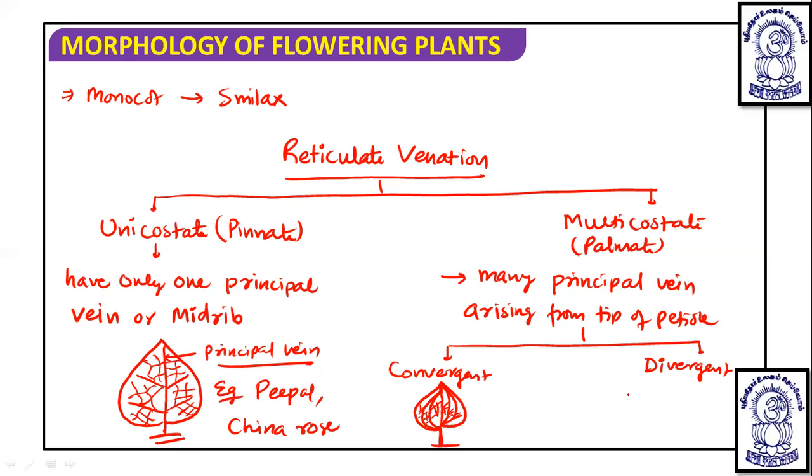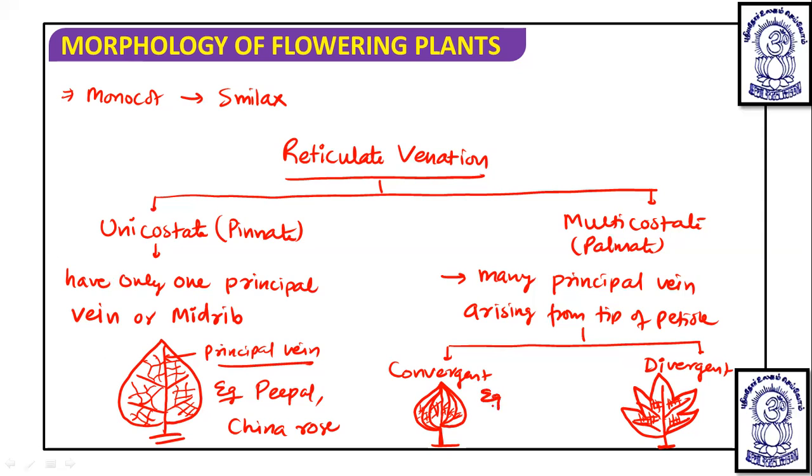But if we talk about divergent, you will see that the veins are diverging and there is a reticulate venation. When all the midribs join at one point, it is convergent. When they go away from each other, arising from the petiole as multiple midribs, it is known as divergent. Convergent occurs towards the apex of the lamina.